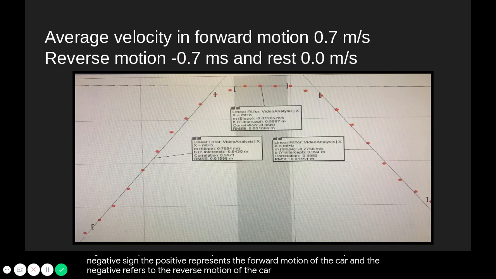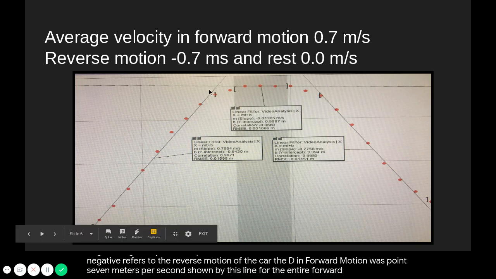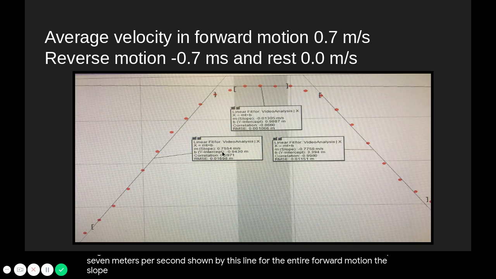The average velocity in forward motion was 0.7 meters per second, shown by this line for the entire forward motion. The slope equaled 0.7 meters per second. The entire reverse motion averaged negative 0.7 meters per second.